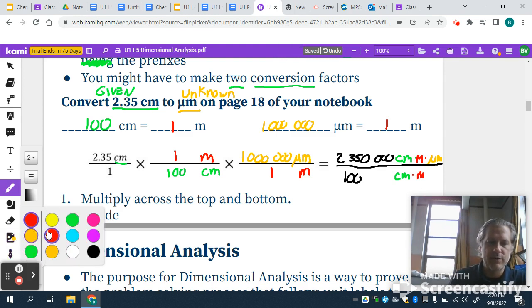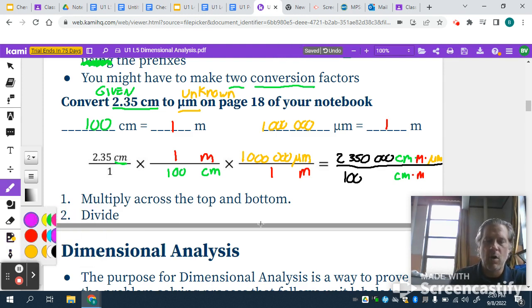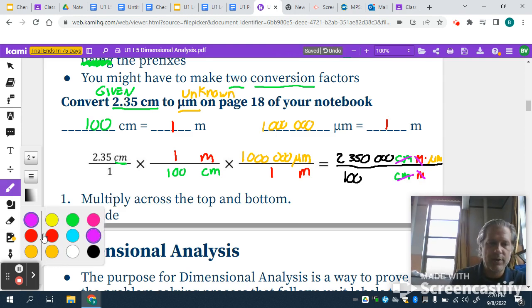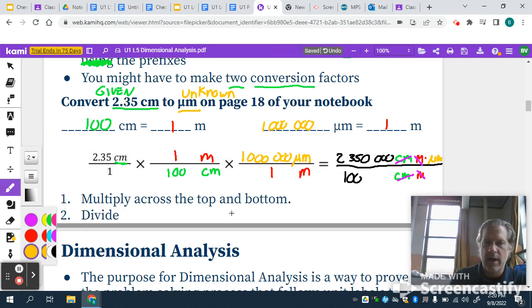When I do the division, hopefully you can see that the units for centimeters cancel out, the units for meters cancel out, and I'm left with a unit for micrometers. When I plug this into my calculator, I get a value of 23,500 micrometers.